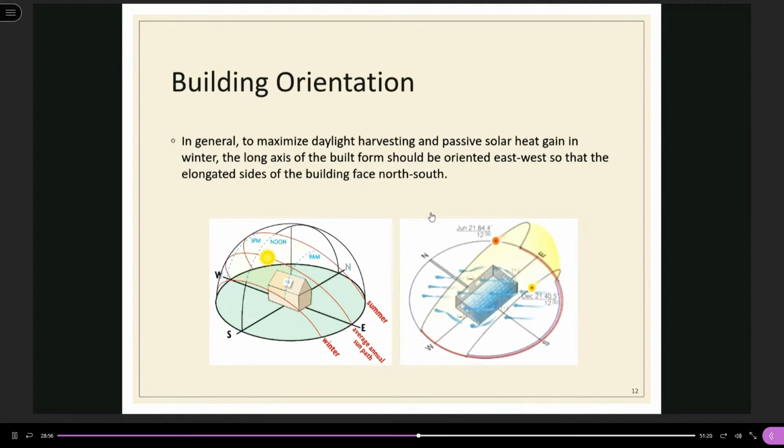The sun will move across the east and west directions during the day, and the winter sunlight comes from the south. Usually in the winter it is cool, and when you feel cool, you want the sunlight.